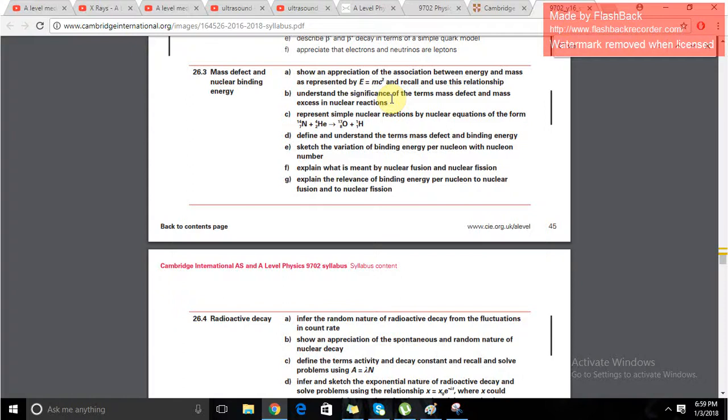Interesting, isn't it? For those of you who are familiar with the term nucleons, you'd know that nucleons are basically neutrons and protons, all of the neutrons and the protons that make up a particular nucleus. And the nucleus is basically just all of those neutrons and protons.